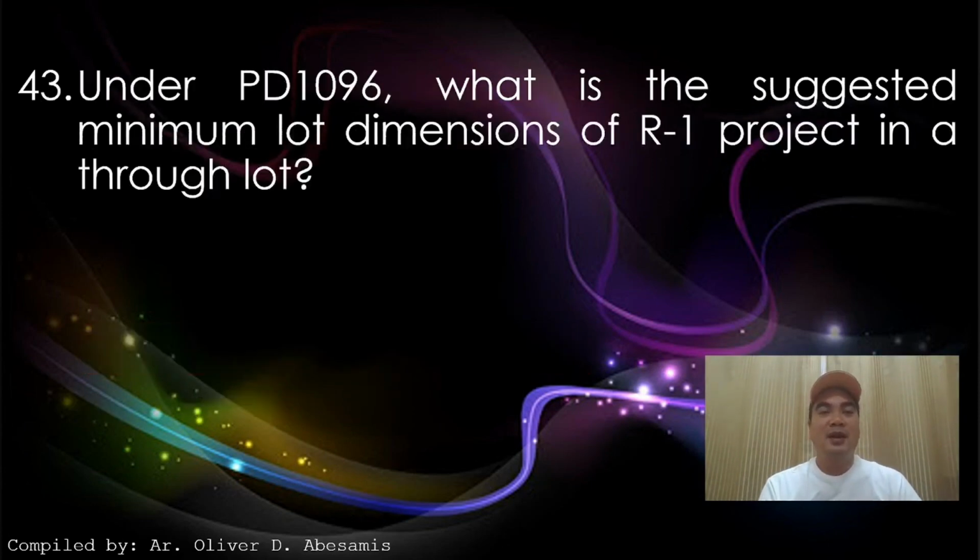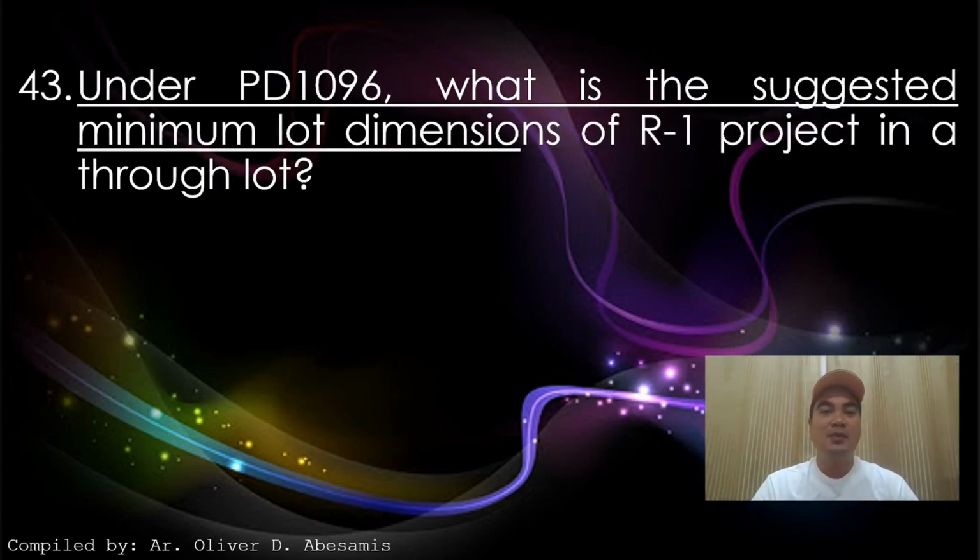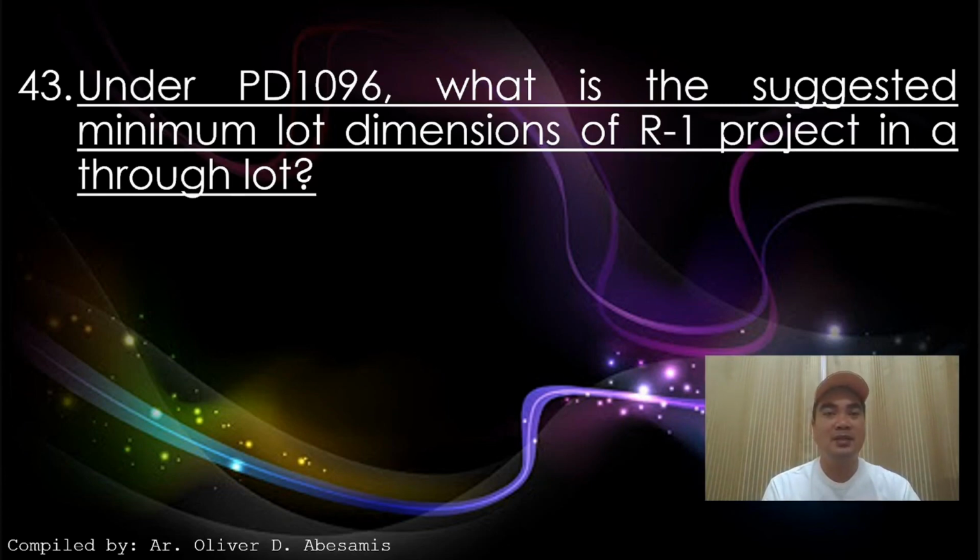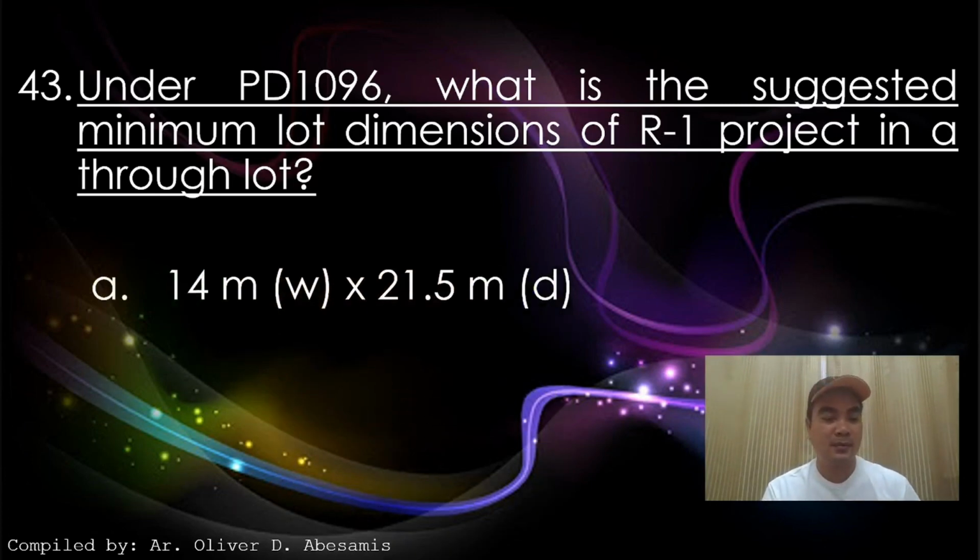43. Under PD1096, what is the suggested minimum lot dimension of R1 project in a true lot? Again, under PD1096, what is the suggested minimum lot dimensions of R1 project in a true lot? A. 14 meter wide and 21.5 meter depth.